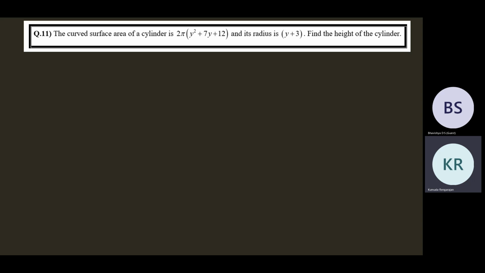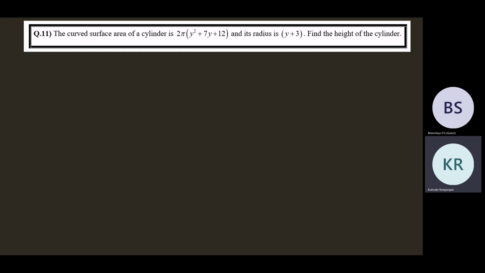Pi r you have not substituted. You know, but one thing, Bhavishya, you have not actually started it correctly, but somehow you land up with the correct answer. You've written CSA, then radius you've written.